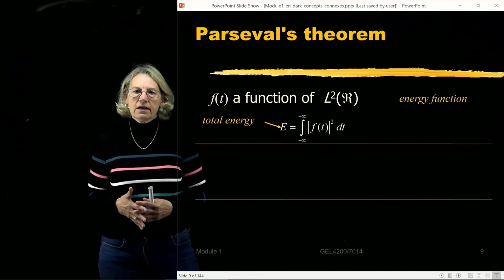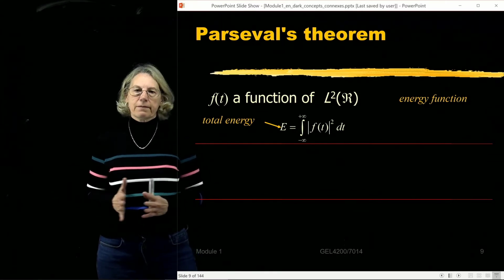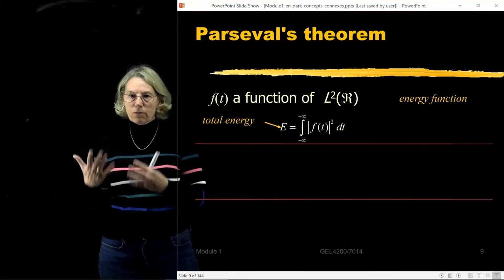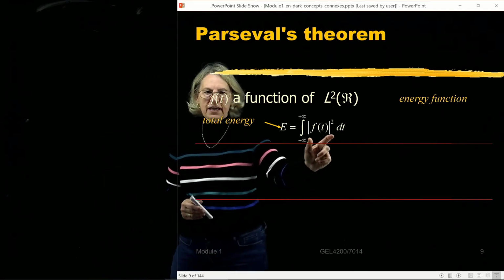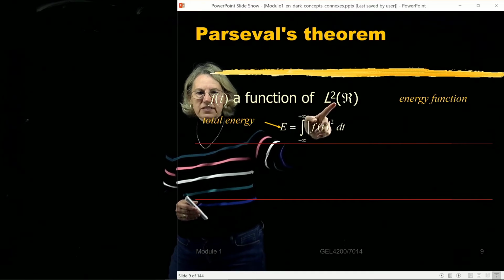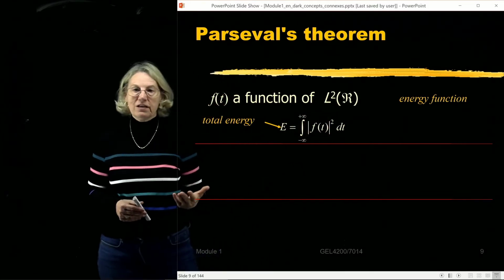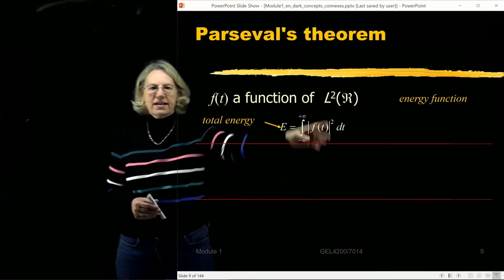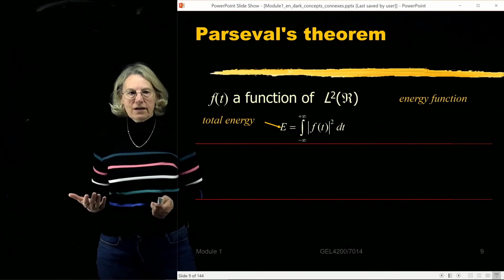That's convenient in my analysis and communication, so we always try to keep that possibility open. We say it's square integrable. By definition, that means the total energy is finite, and if it's finite energy, we call that an energy signal.